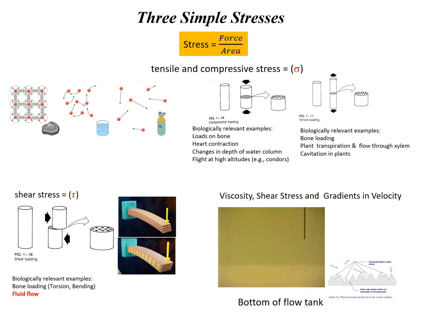This movie shows a flume, and dye is injected into the bottom of the flume. The dye coats the bottom of the flume. It stays on the bottom of the flume because that layer of water is not moving. So when a fluid touches a solid, there's a coating that's put on the solid, and those molecules do not move at all.